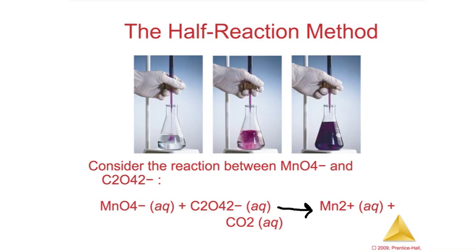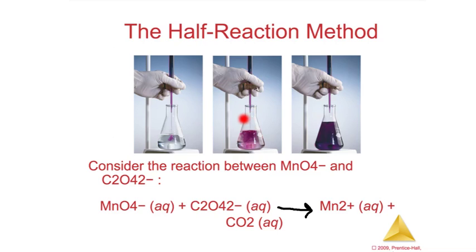If we were to titrate sodium oxalate in an acidic solution with potassium permanganate, the permanganate ion, which is a dark purple color, gets reduced in appearance. It is a lighter pink color after reacting with the oxalate ions.